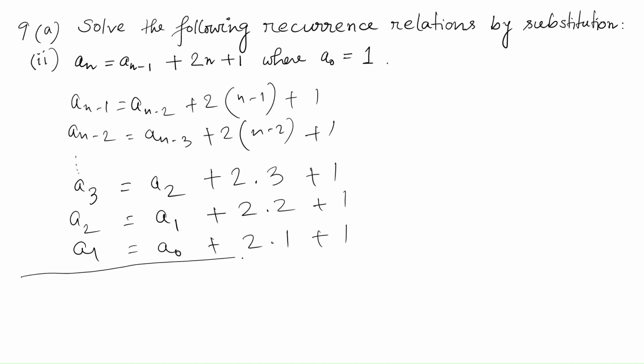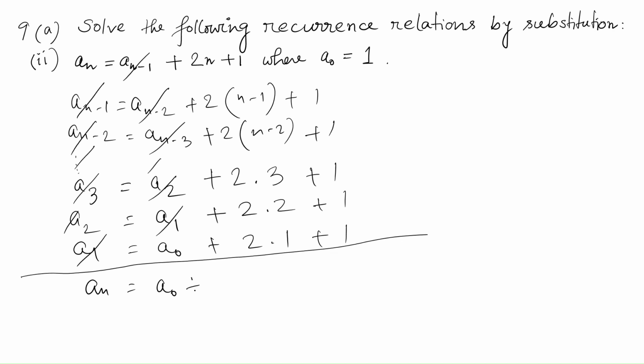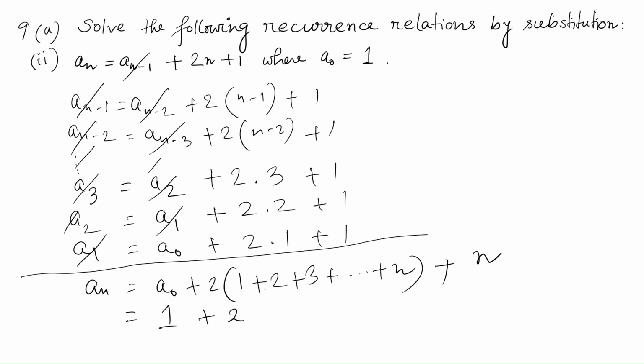Now if we add all of them, then similarly to the previous sum, these terms will be cancelled on both sides. Then we'll have a n equal a0 plus 2 into 1 plus 2 plus 3 up to n, plus there are n numbers of ones, so n. a0 is 1 given, plus 2 times the sum of n natural numbers, n into n plus 1 by 2, plus n.